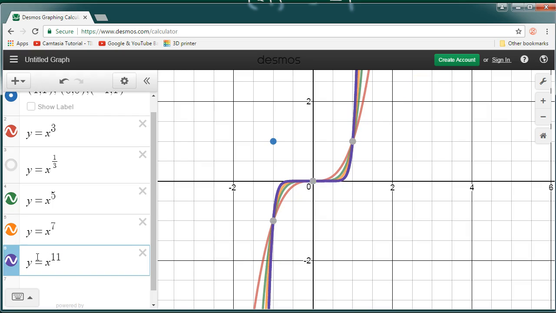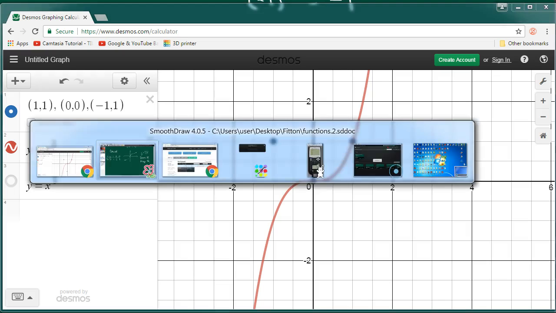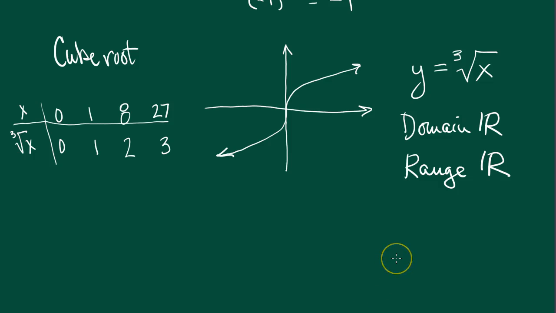I'm going to skip 9 because they're getting kind of hard to see. Again, we see that all of the power functions for odd powers have fundamentally the same shape. But our favorite, to be sure, is x to the 3rd power. That one. Okay, well, that's it for the root and power functions.